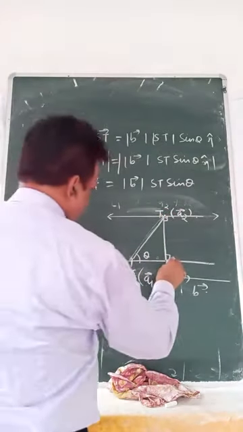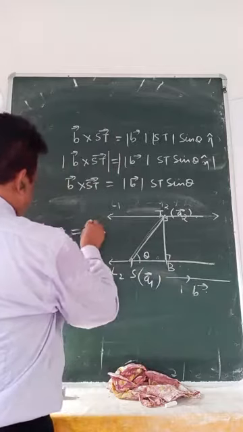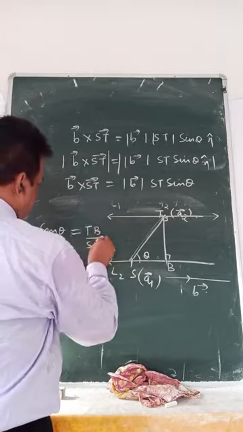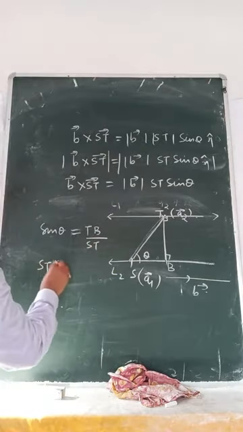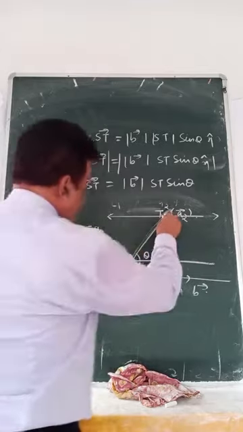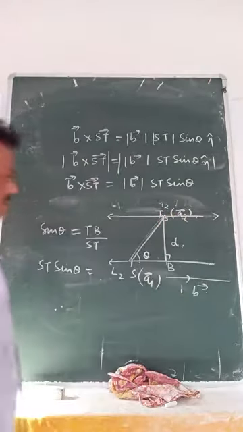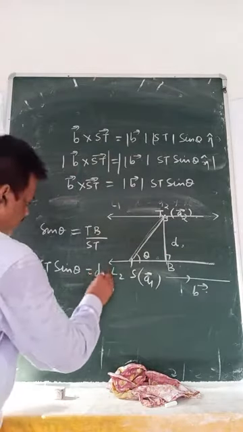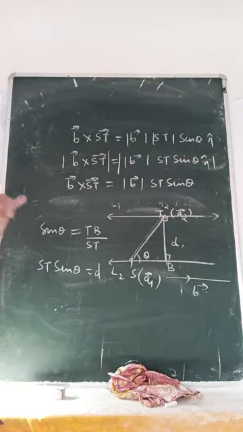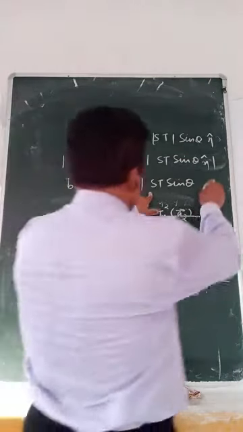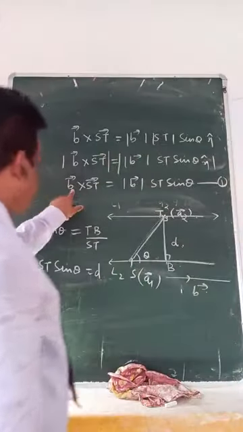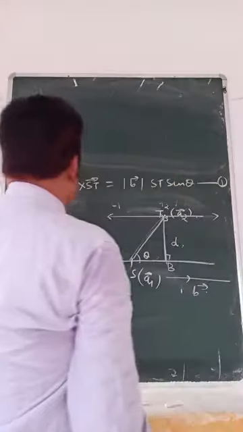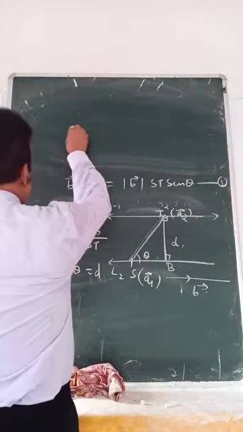That means TB, suppose TB, by hypotenuse ST. So ST sin theta, TB, I have taken as the perpendicular distance, that is D. I have taken this one as D. If I put ST sin theta here, what will B cross ST be then?